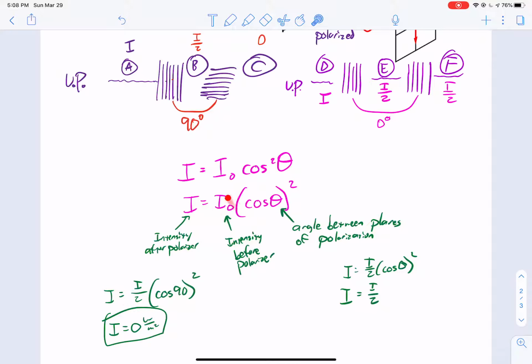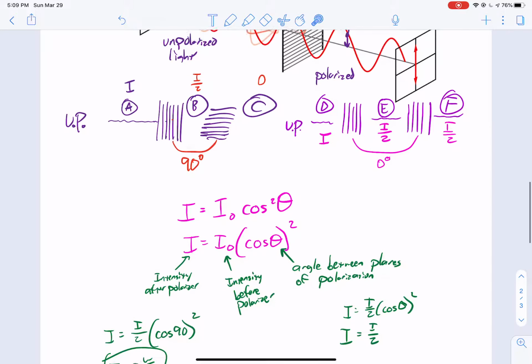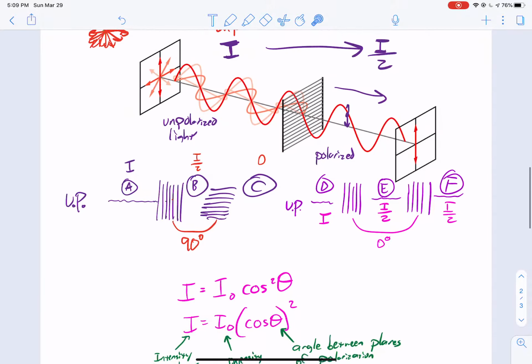The light intensity you're putting into this equation will already be polarized. When you go through the first polarizer, you're going to drop by half automatically. Then you put that I naught in here and figure out your final intensity at position F. You'll see when we start getting into those problems how that works. But this is called Malus's law.